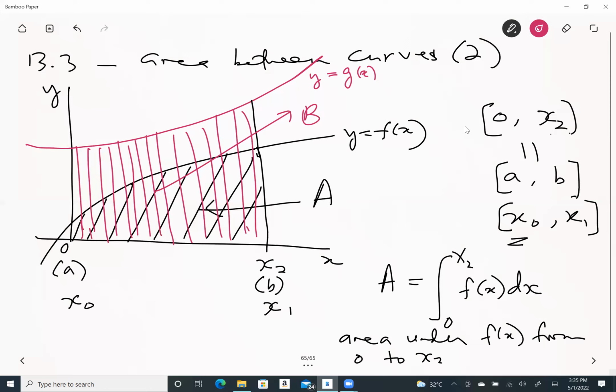Okay, somebody. The area B, the whole area here, the area under the g of x line. So how do you find that area? Okay, Iman, how can you find the area?